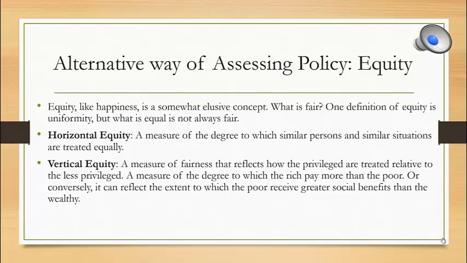This might be a measure of the degree to which the rich pay more than the poor, or when we're talking about what we call regressive taxes, things like sales tax, where everybody pays the same rate, we want to know the degree to which the poor end up taking on a disproportionate burden as compared to the rich. Or you might look at the extent to which the poor receive social benefits as compared to the wealthy, etc.